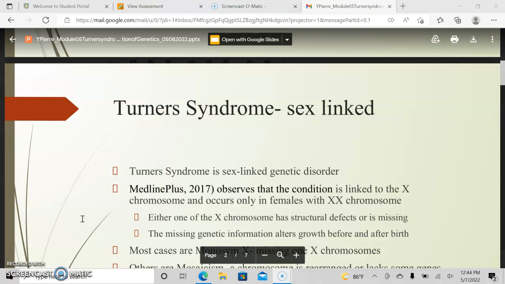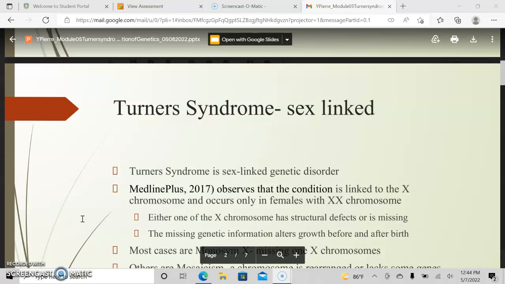In most cases, it is monosomy X, whereby there is only one X chromosome. Others are more complicated, and the individual has a chromosome with rearranged or missing genes.